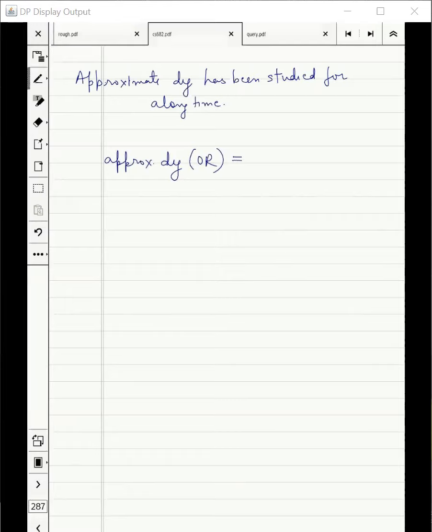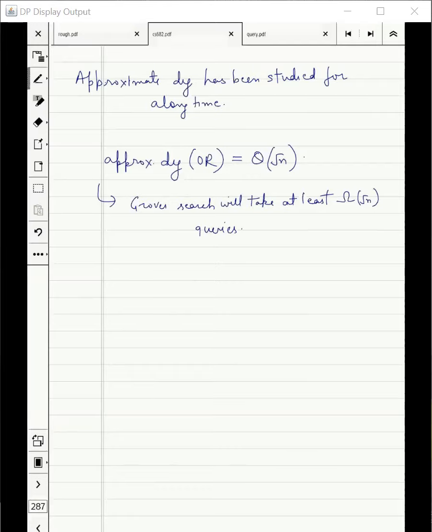Root n, yeah. So this will also imply that Grover search will take at least omega root n queries. This is another proof of optimality of Grover search.